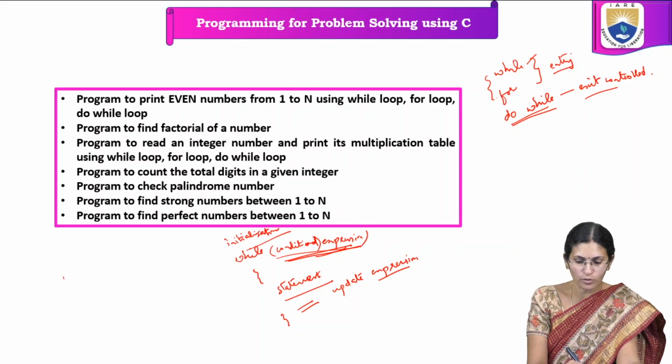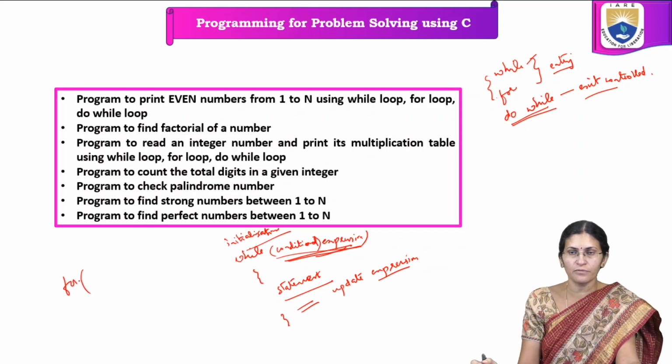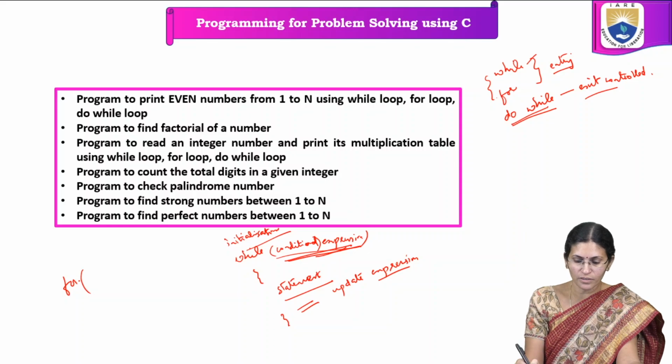Then coming to for loop, the way it is written differs. In the for loop, all the different expressions are written in one place: first the initialization expression, then the conditional expression, and then the update expression.